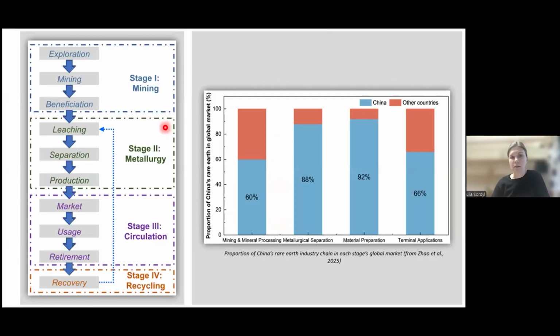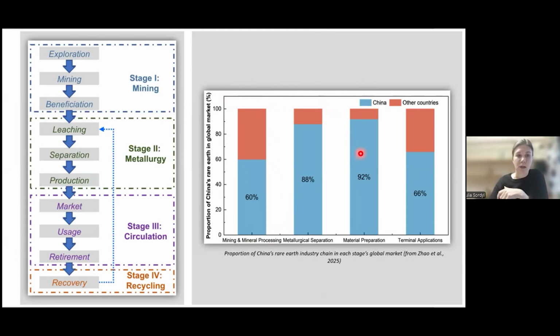I'm not going to spend much time on geopolitics, but I thought it's worth mentioning the proportion of China's rare earth industry in each of these stages. In terms of exploration and mining, 60% of this industry belongs to China, while 40% to other countries. In the next slides, I'm going to present which countries.